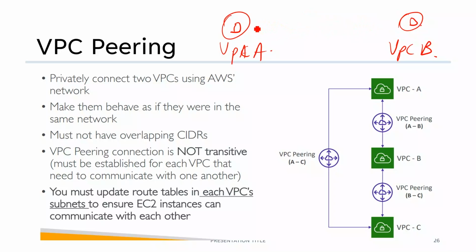So you're gonna establish a peering connection between these two VPCs, right? Whenever your requirement is to connect two VPCs, you're gonna connect them using a peering connection.